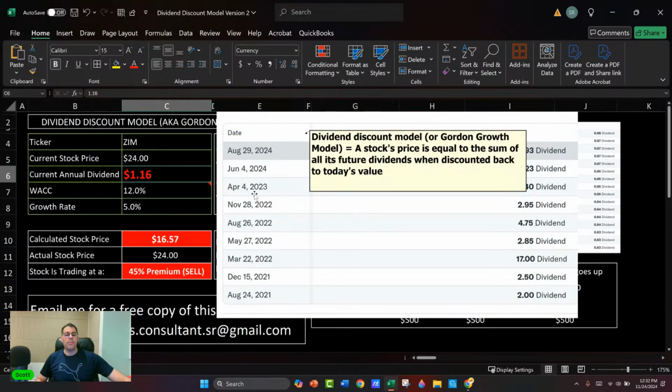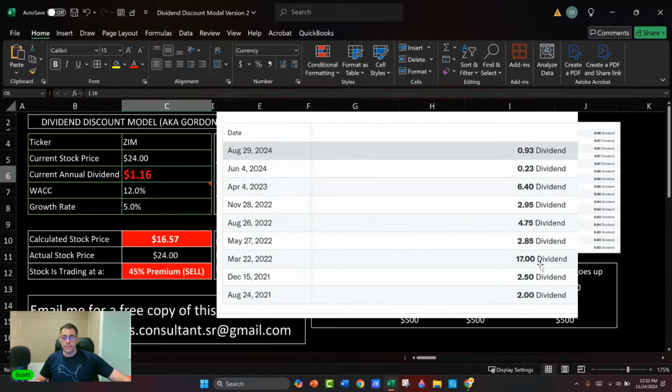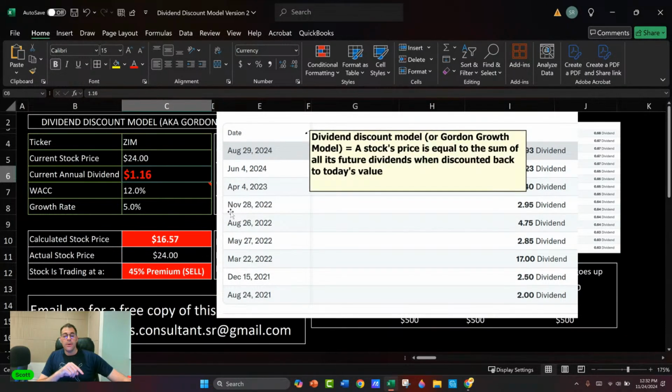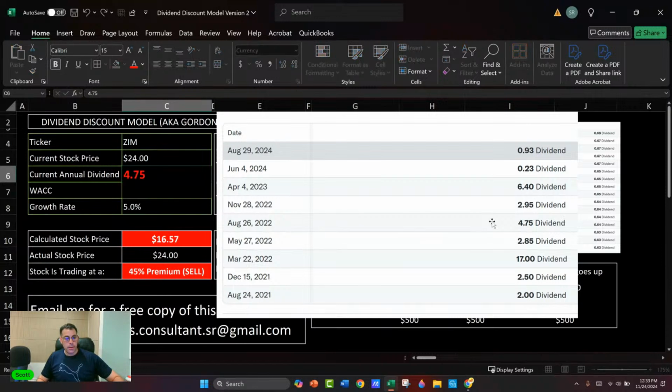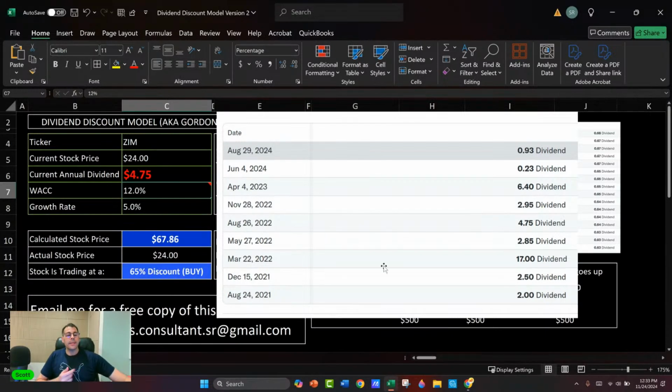This April 2023 dividend was in the prior period. But let's use this $4.75. And that's only one payment. They did another one the following quarter. So let's just assume they paid $4.75 for the entire year, even though that was just one quarter. If the stock is worth $68 if they get back up to that level.